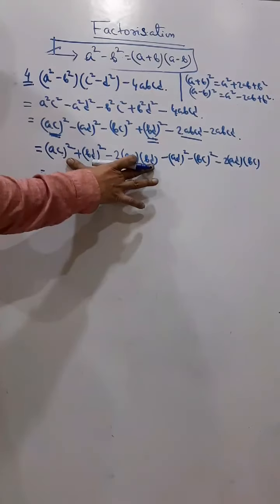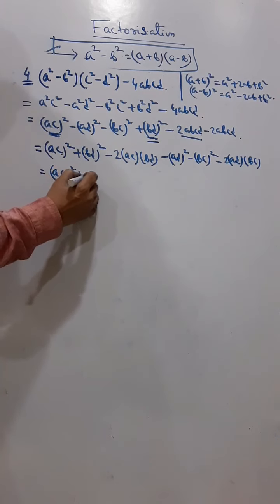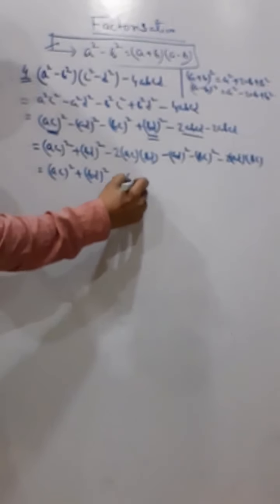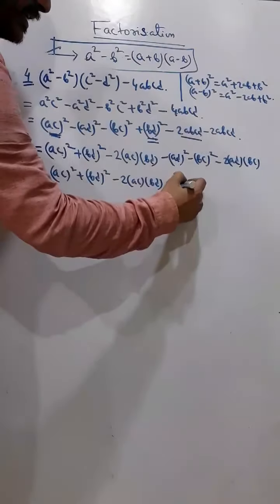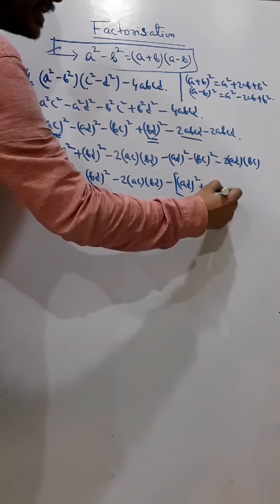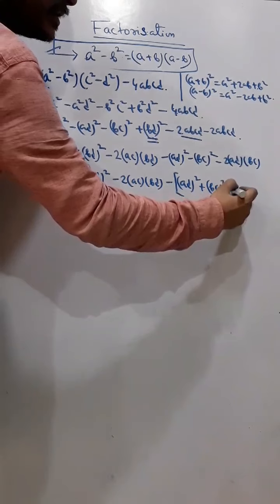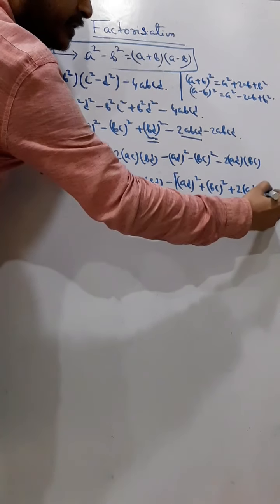So again I am writing the same terms here also: ac square plus bd square minus 2ac and bd. Now if I take minus common here, I get ad square plus bc square plus 2ad into bc.